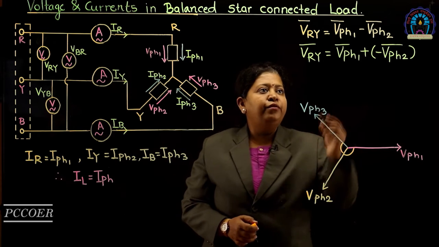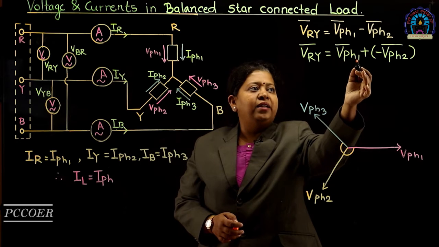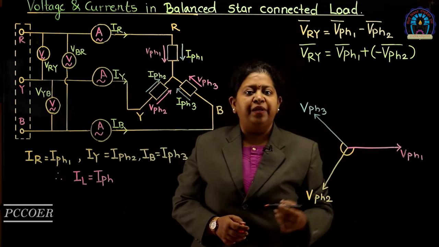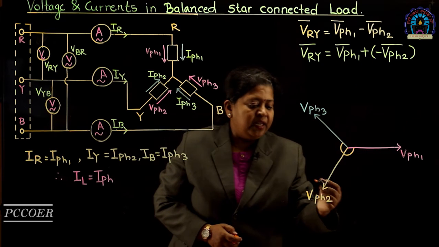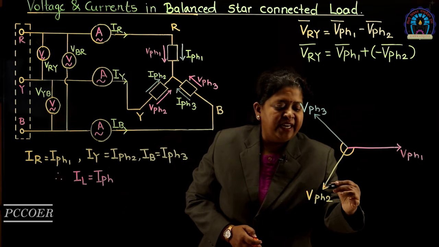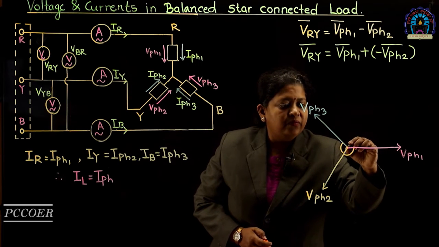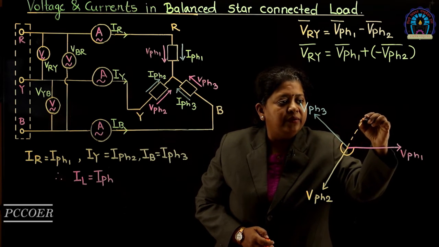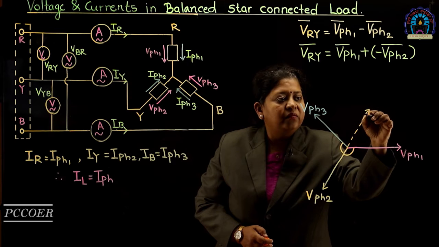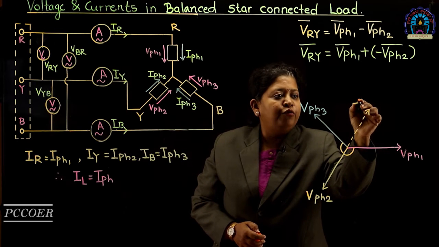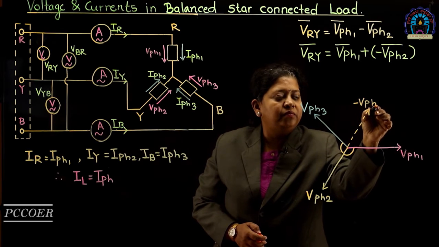Now, we have to add VPH1 and minus of VPH2. For getting minus of VPH2, we will extend VPH2 backwards with equal magnitude. So, this is minus VPH2.